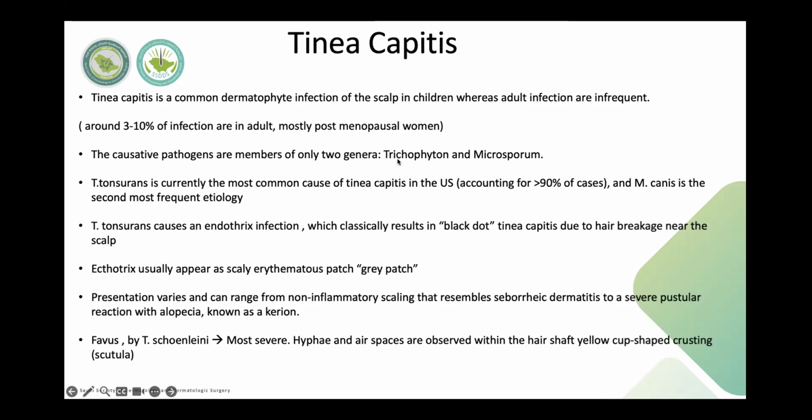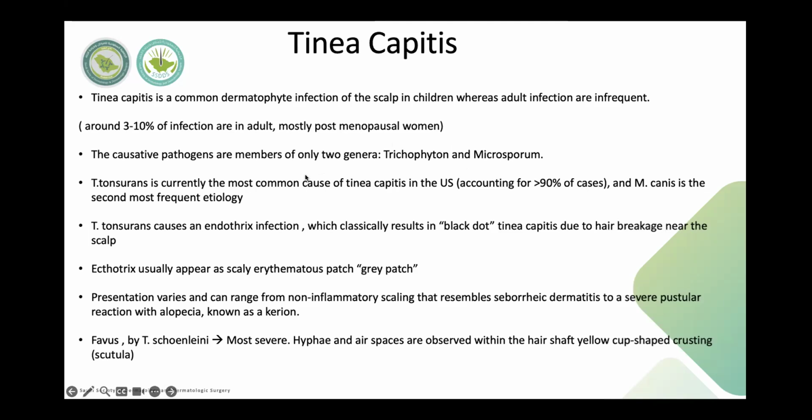You can recognize the type of infection, of course, if you do the culture or see the scaling, but an important clinical clue is that Trichophyton usually causes endothrix infection and results in black dots. So you will see black dots, whereas Microsporum usually will have ectothrix and may have a gray patch, erythematous gray patch.